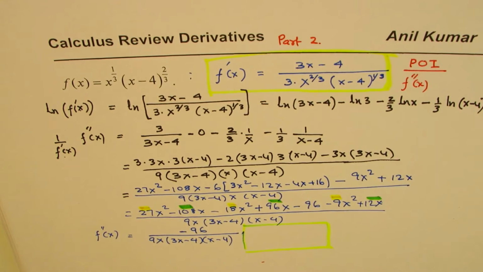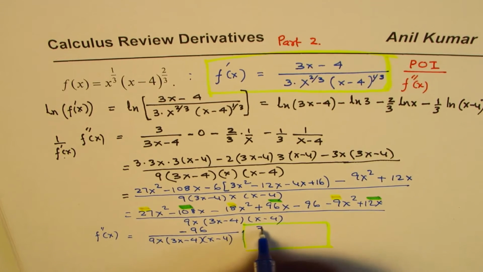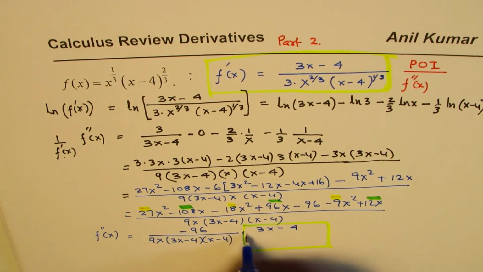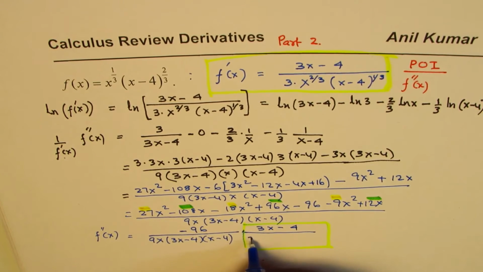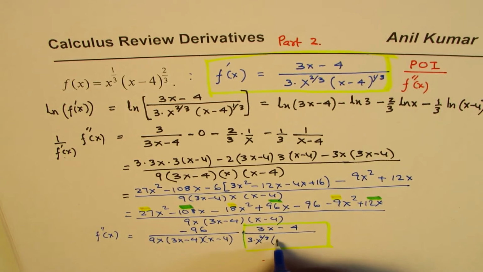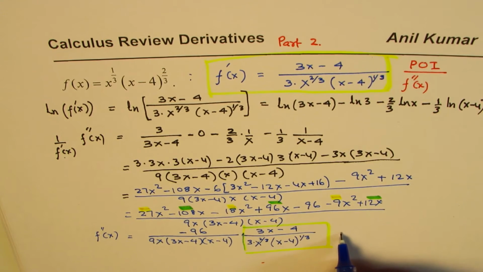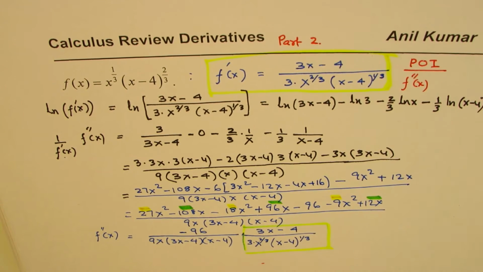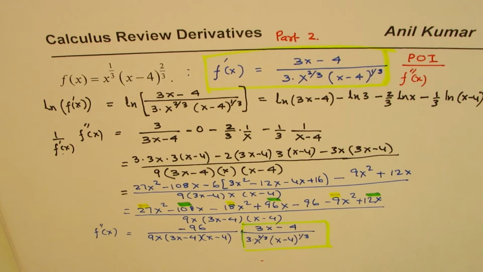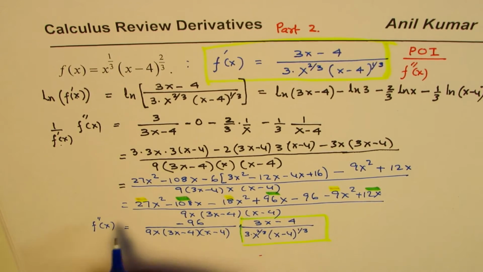That is what I'm doing at this stage, which is 3x minus 4 divided by 3 times x to the power of 2 over 3 times x minus 4 to the power of 1 over 3. Okay, all this. So now we'll simplify this. I'll simplify and write down the final answer here.